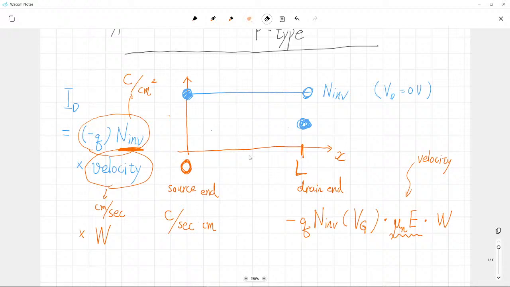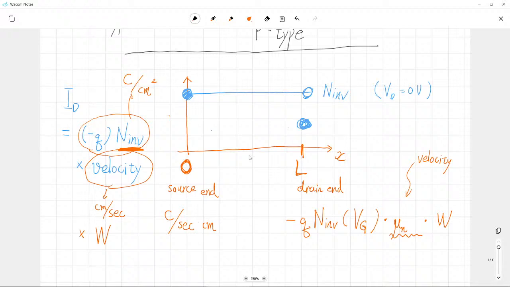Now mobility is given, we have to introduce it. However, how can we model this electric field? Since the structure is really uniform along this way, we will just uniformly distribute the electric field.